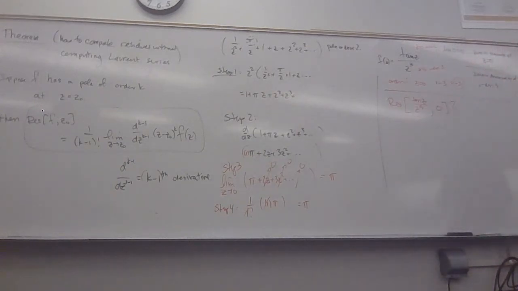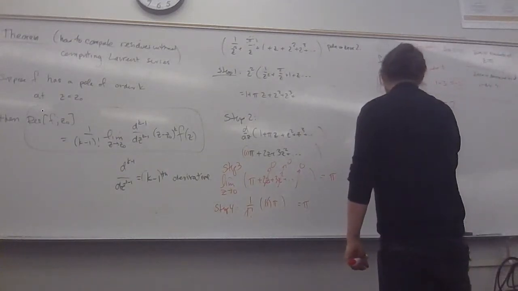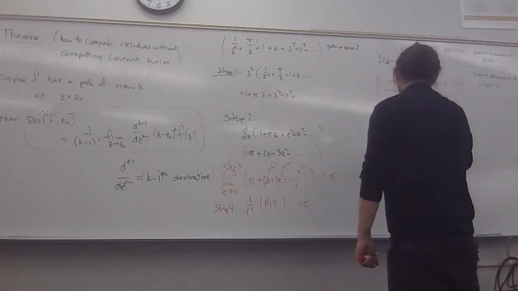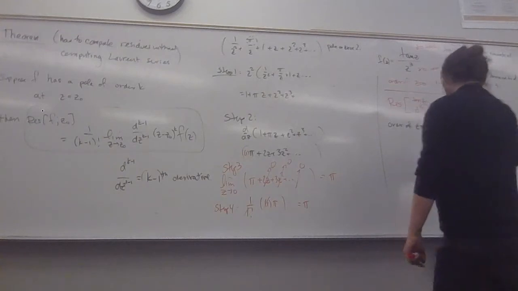Yes, it's the coefficient of the z to the minus 1 term in a Laurent series, but I don't want to compute it. So instead, I'm going to say, okay, the order of z equal to 0 as a pole is 2.